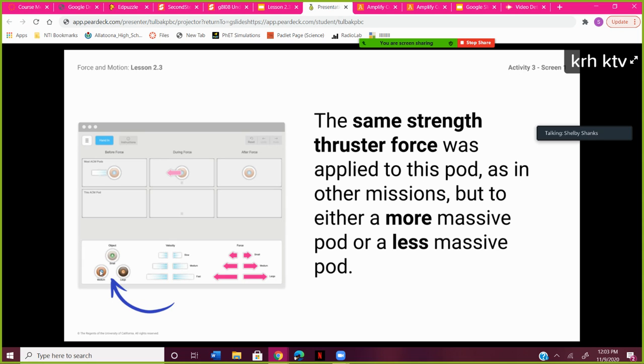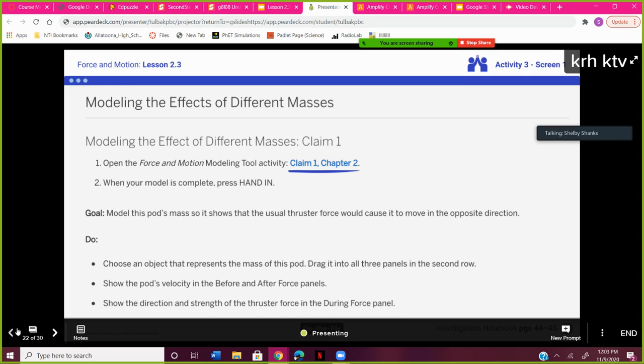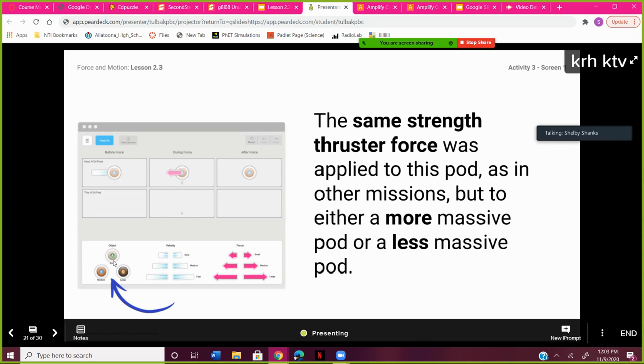All right, so what you're going to do is either drag a less massive or a more massive pod, so a small or large mass pod, into each of these 3 rectangles right here.